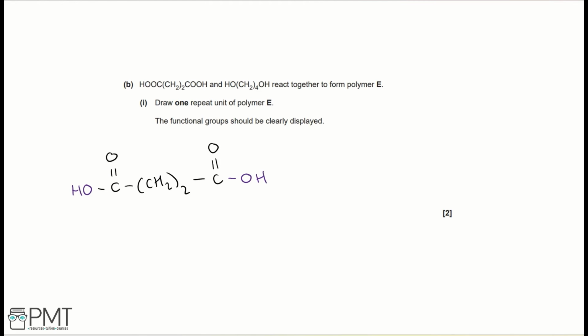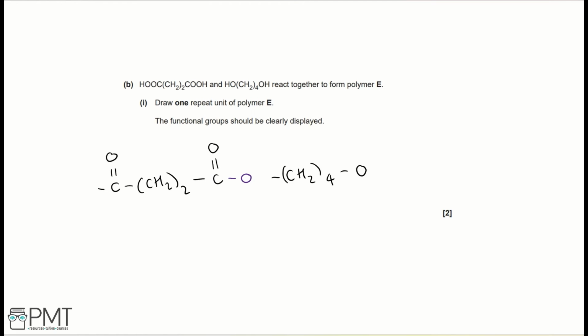So then we're reacting with this diol, so we have our OH, and then we've got CH2 brackets 4 and our OH again. So what's actually formed is we have a carboxylic acid and an alcohol, and this forms an ester. So we get rid of this hydrogen, and this OH group at the end.